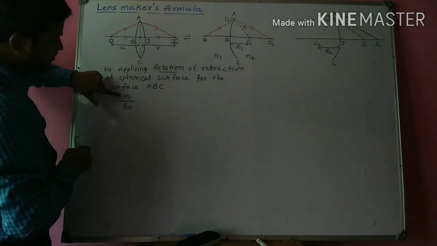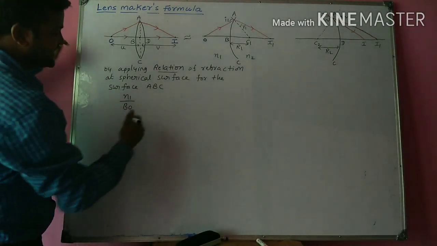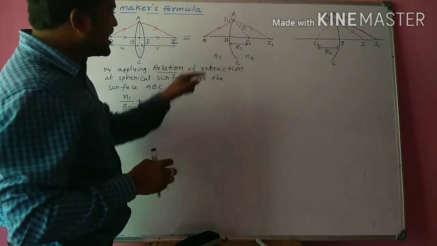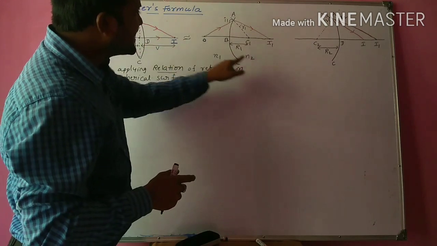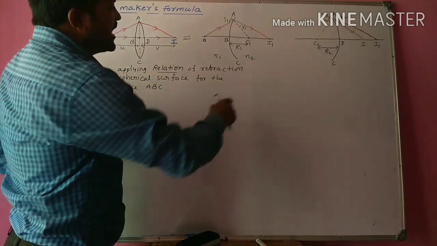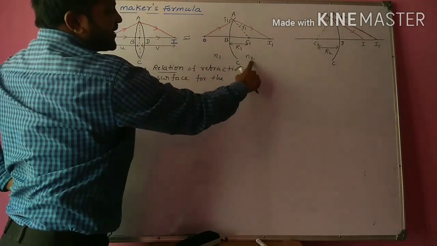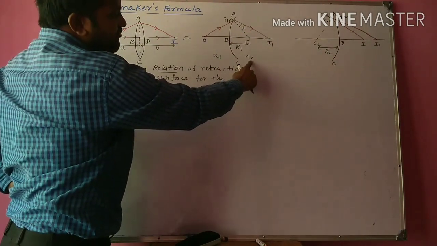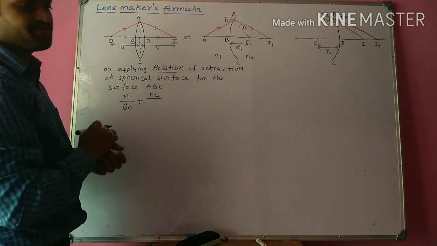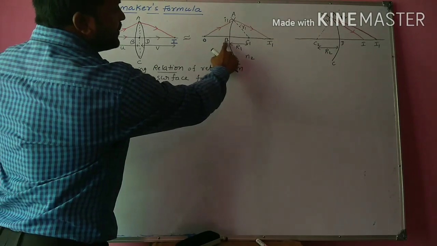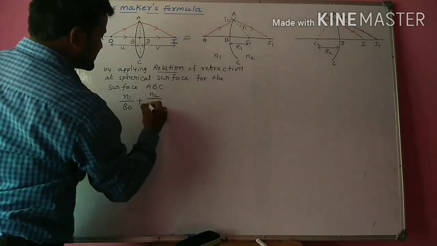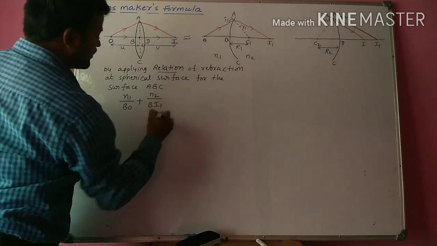This is the refractive index of object space by object distance, plus the refractive index of image space by image distance. For this ABC surface, the image is formed at I1. So in this image space, the refractive index is N2. That means N2 by image distance, and the image distance is BI1.